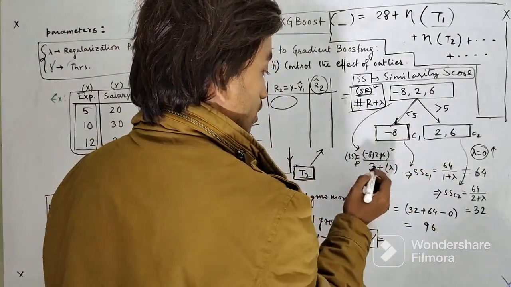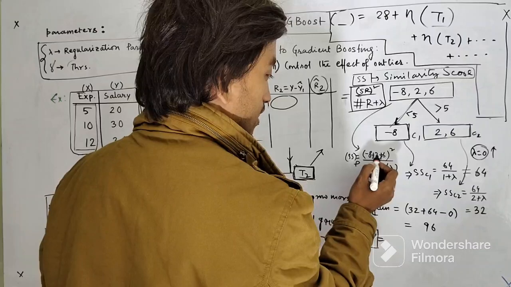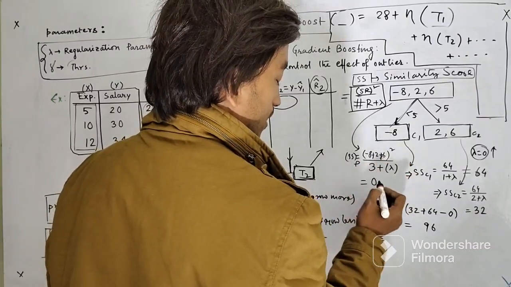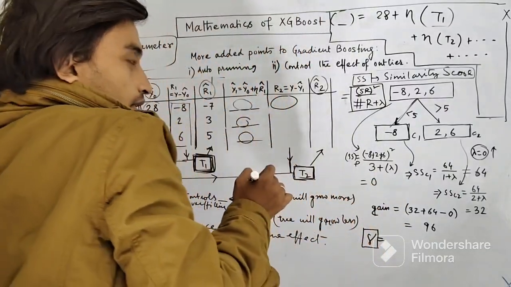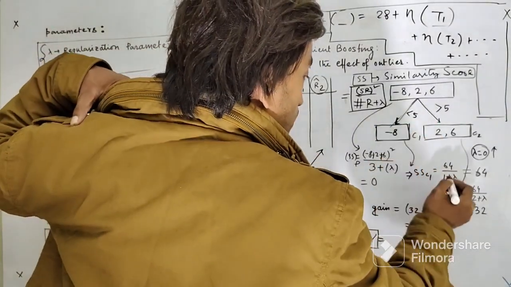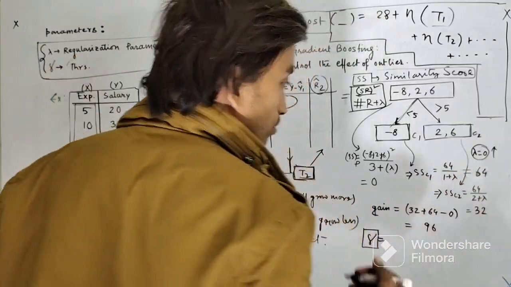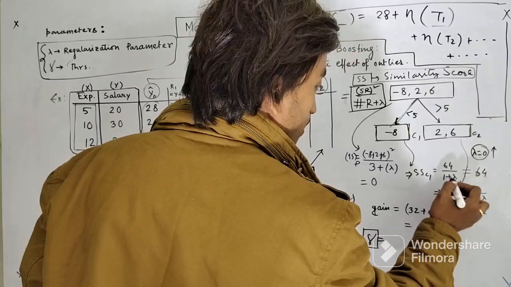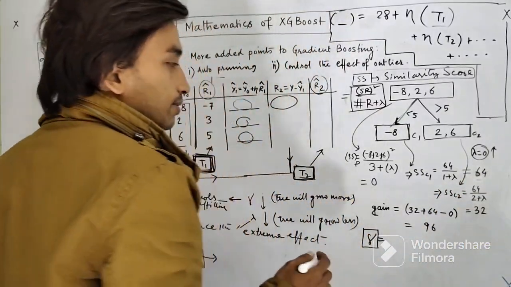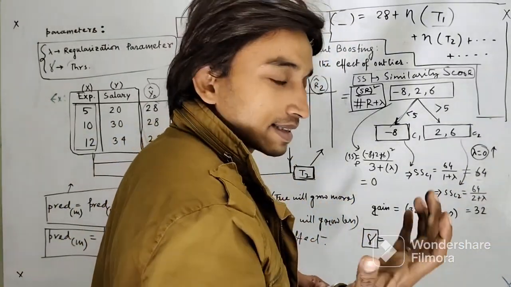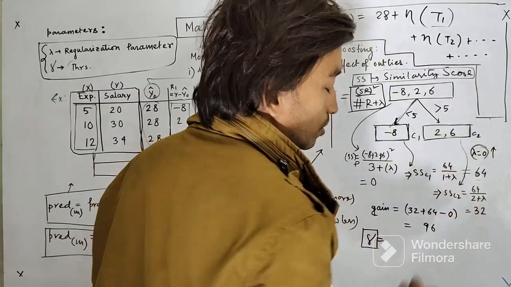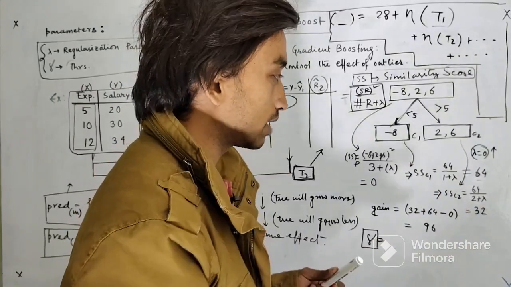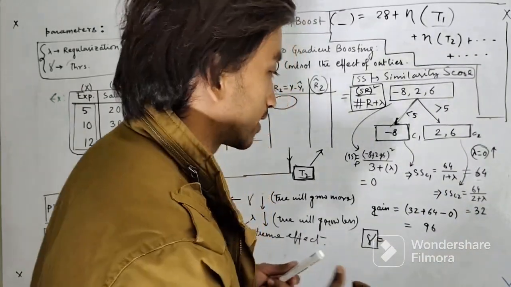For the parent, you sum up -8 plus 2 plus 6, whole square, divided by 3 plus lambda, which is 0. For the left child, it is minus 8 square divided by 1 plus lambda, which is 64. Let's take lambda as 0, and then we'll try to increase lambda and see what happens.